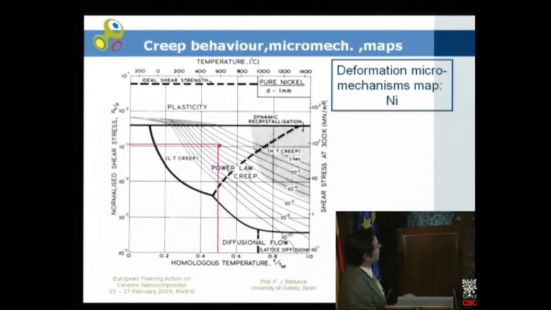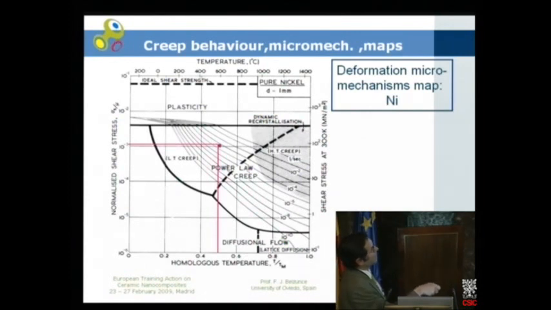In this map, we have plotted the different micromechanisms. We know that these are the most dominant creep micromechanisms acting in each area. So this part corresponds to power law creep, and this other part corresponds to diffusional flow.